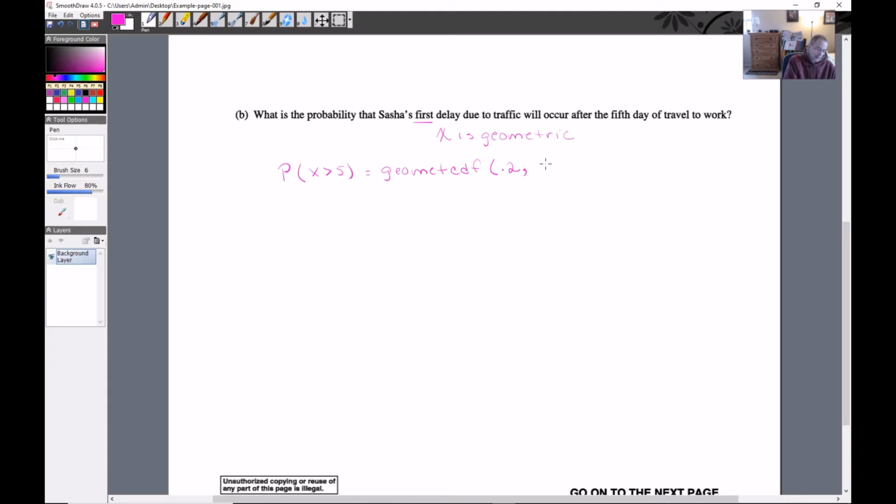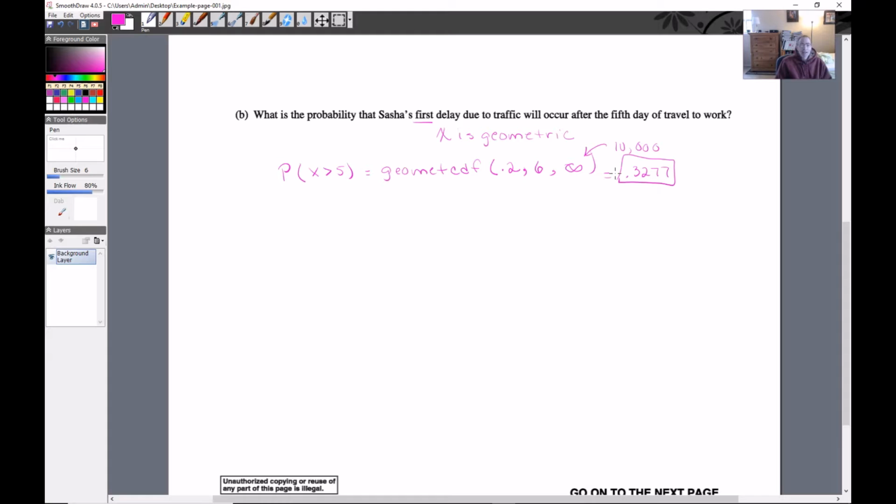And the lower bound here is going to be 6 because we're not including the 5, right? It's after that, it's beyond that. And then just some big number. You can put an infinity here if you want, or you can put a big number. When you type it into your calculator, let's just put in like 10,000 or something like that. And that will give us 0.3277. And that is actually correct too, all right?